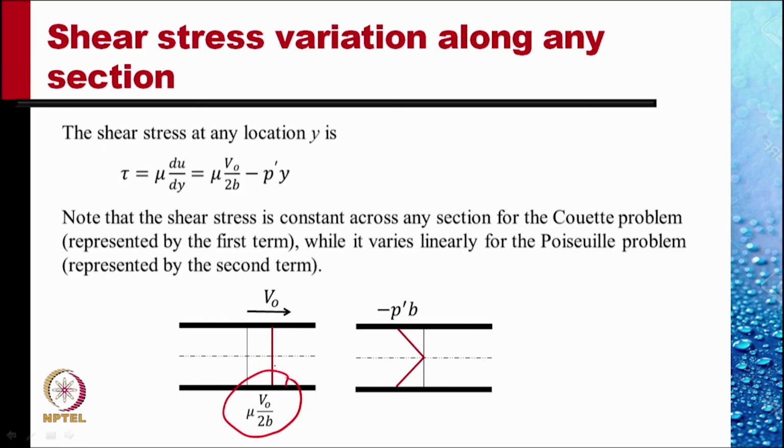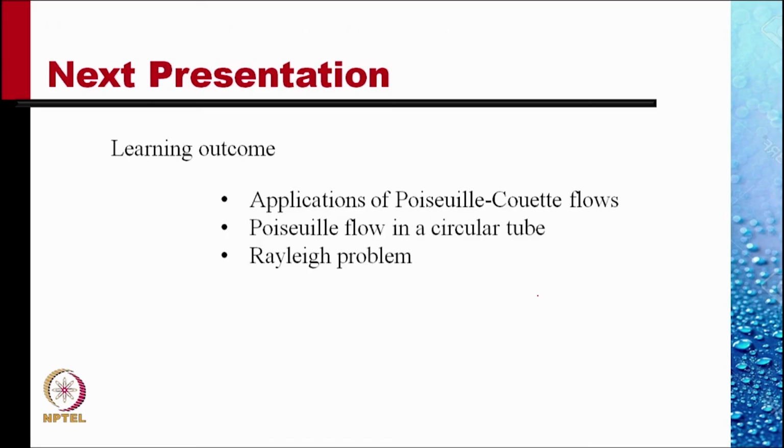But the shear stress due to pressure gradient varies linearly, and it is minus P prime b at the top and bottom surface and 0 in the middle. Of course, shear stress should be 0 at the middle because the parabolic velocity profile is symmetric. So, du by dy is 0 at the middle. Thank you.